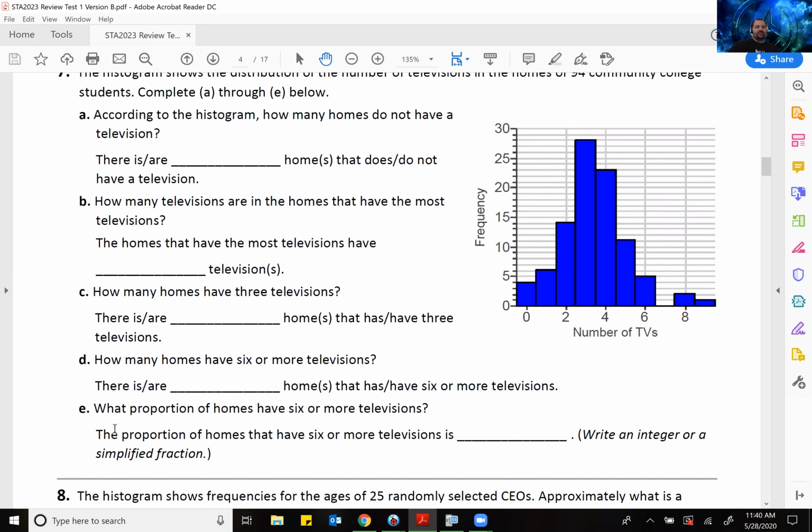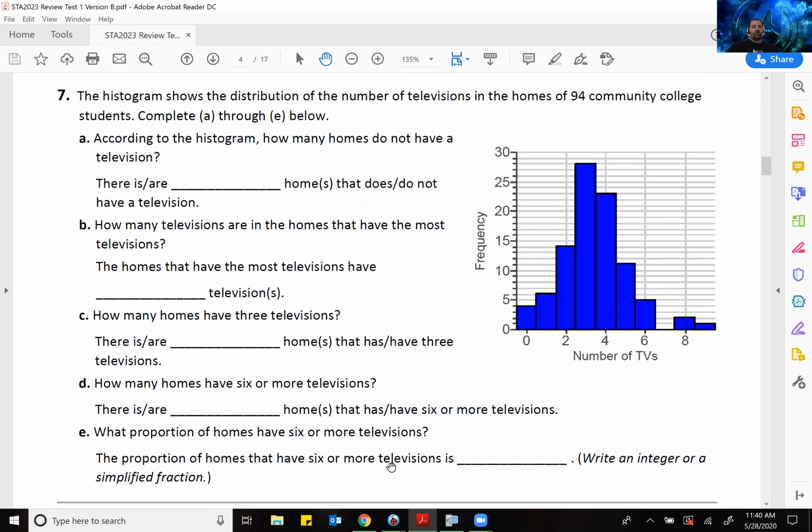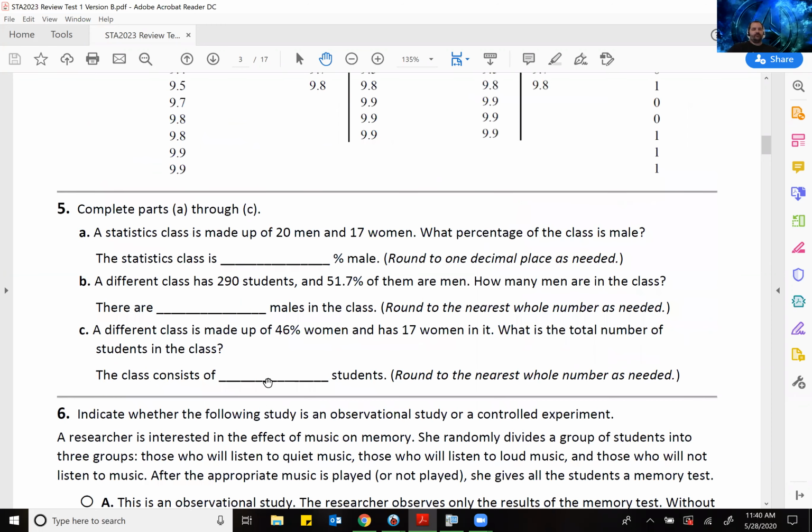And now the last one says, what proportion of homes have 6 or more televisions? And it says write an integer or a simplified fraction. In other words, what they're looking for is the fraction. So how do we find that proportion?